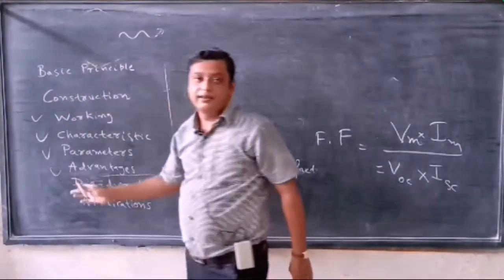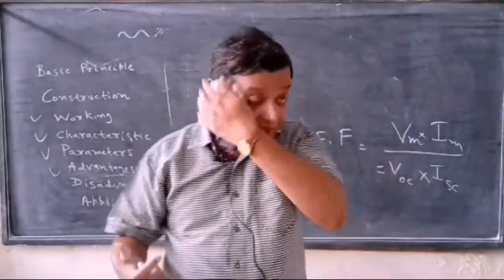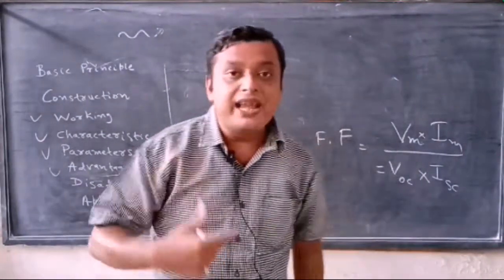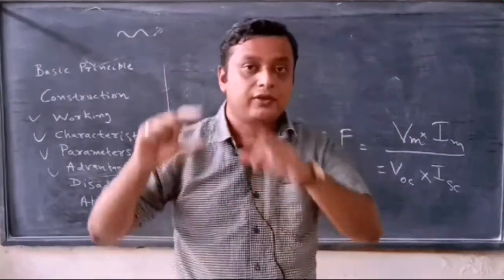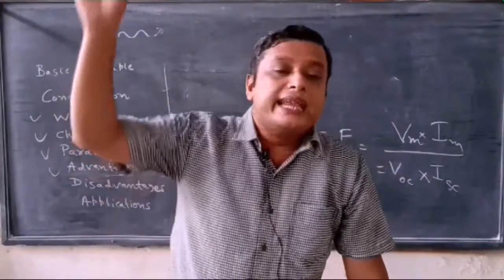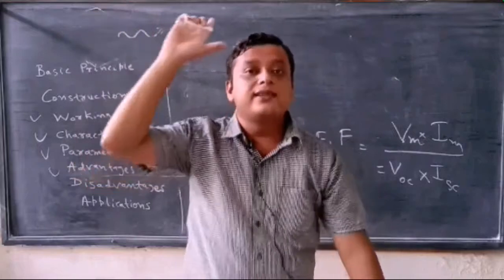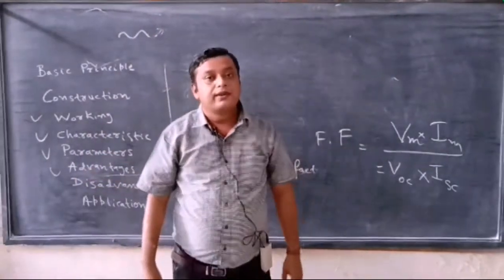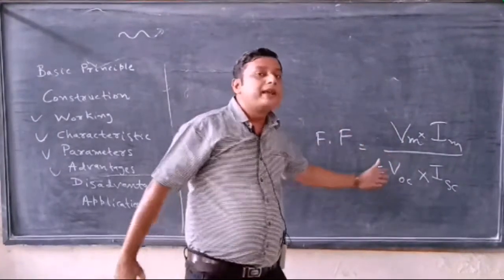Lots of disadvantages are there because whatever electrical parameters we are gaining across the solar cell or through the solar cell, these are totally dependent on the incident light intensity. If the incident light intensity is changed, there will be a change in each and every parameter.